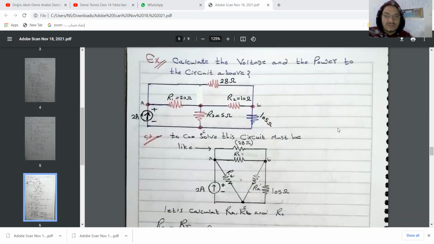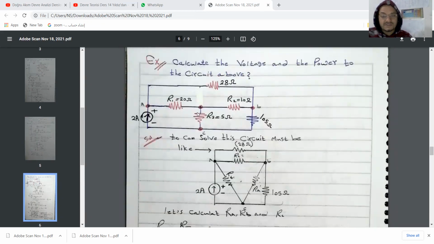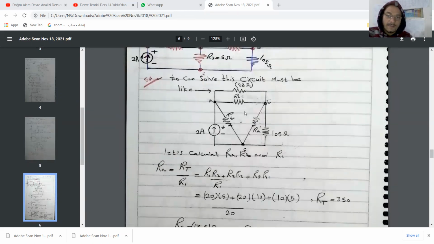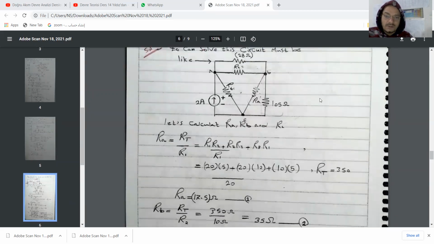To solve this, we must convert this shape to a triangle shape, after that to a star shape, to find the RA, RB, RC, to solve for the voltage and the power. Because actually we have the current, the author gave it to us, 2 ampere, like this shape.